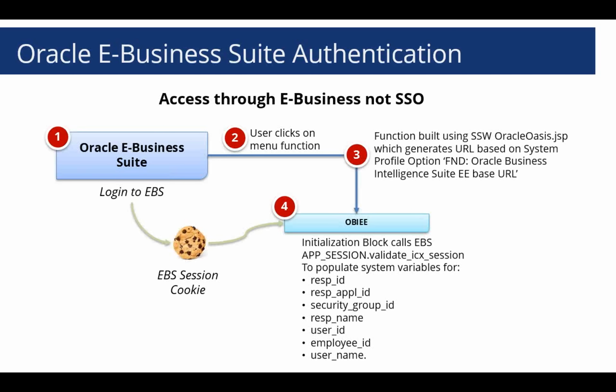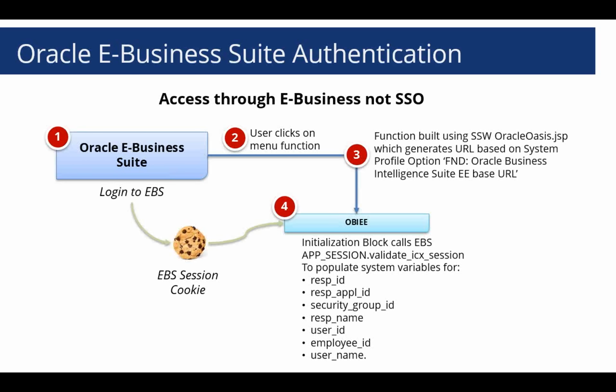What is happening behind the scenes is that the Oracle JSP is generating a URL based upon the profile option FND Oracle Business Intelligence EE-based URL.